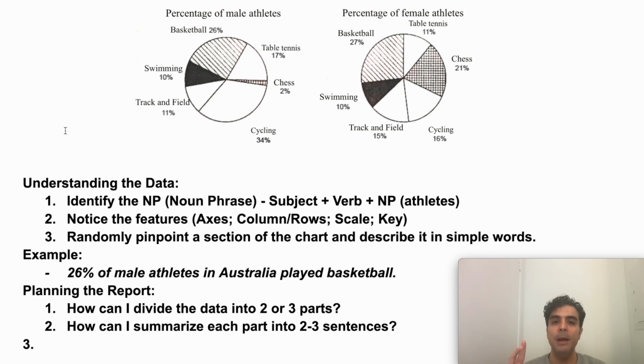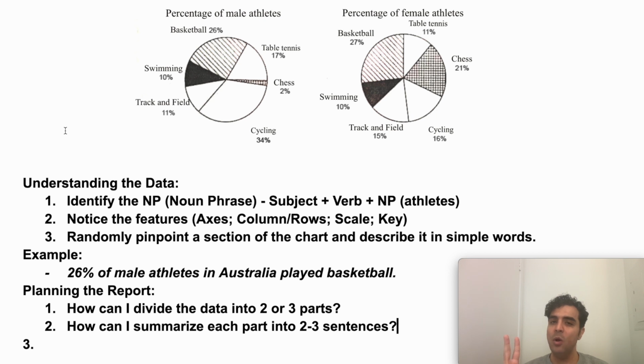Okay, what about my second sentence? Well, in my second sentence, I could perhaps mention how chess is the least common sport among male athletes, right? So I could mention that here. And then what remains is 3. I have table tennis, swimming, and track and field.